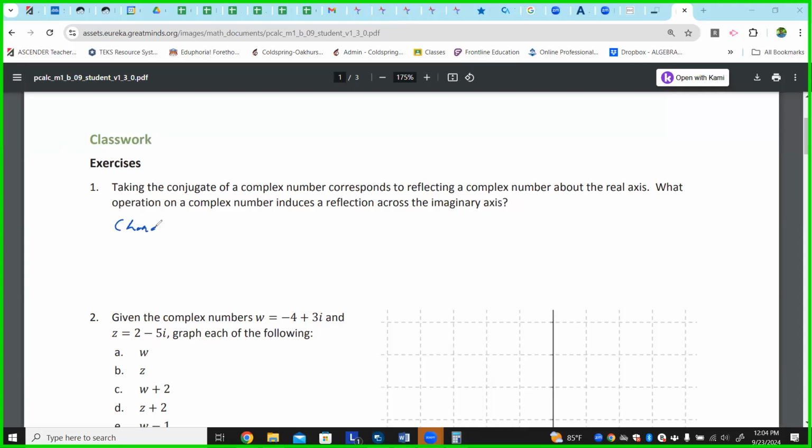So in a sense, if I start off with z equals a plus bi, and I wanted to reflect around the y-axis or the imaginary axis, it would then need to become a what? Very good.